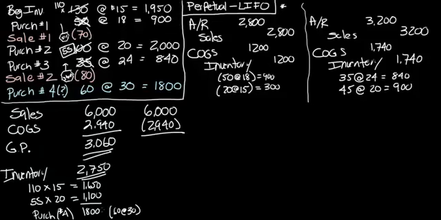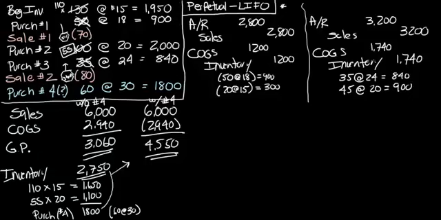So it's the 1,800 plus the 2,750, which I believe is 4,550. So again, this is without number 4, and this is with number 4. So you can see that this purchase number 4 doesn't affect anything. We're going to get there. We're going to save the best for last.